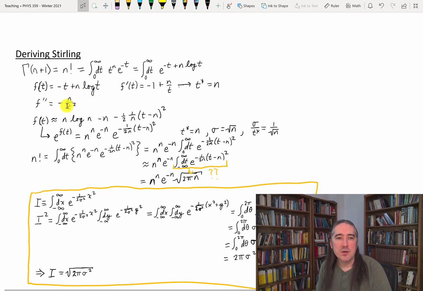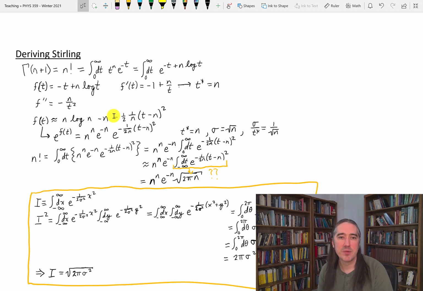Second derivative, the 1 goes away, and we just get minus n over t squared. So near t equals n, we can Taylor expand f into its value when t equals n, so just n log n minus n. Looks promising. That looks familiar. And then, the derivative is 0, so there's no first order term in the Taylor expansion.